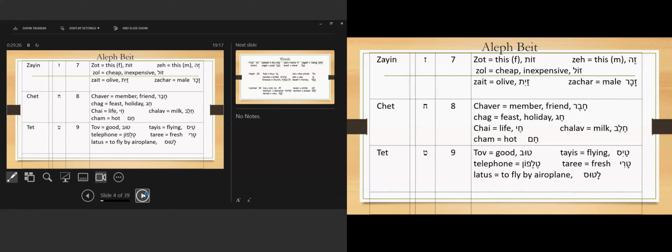Gimel is a G, and its value is 3. Now, the word genius is gaon.